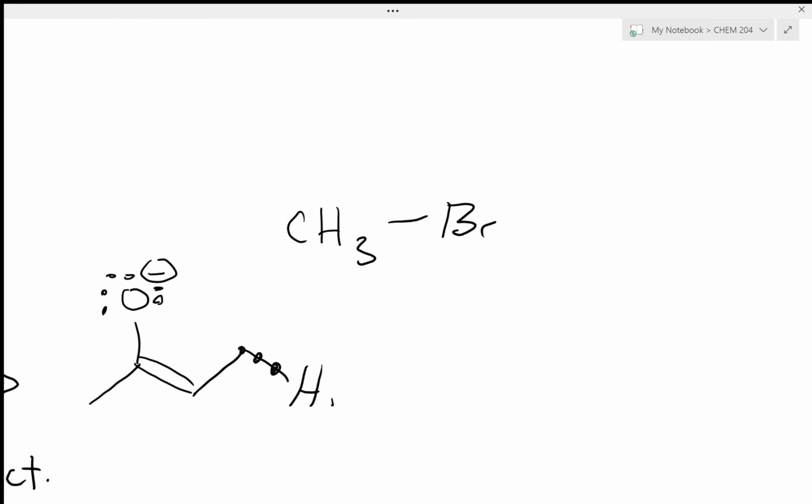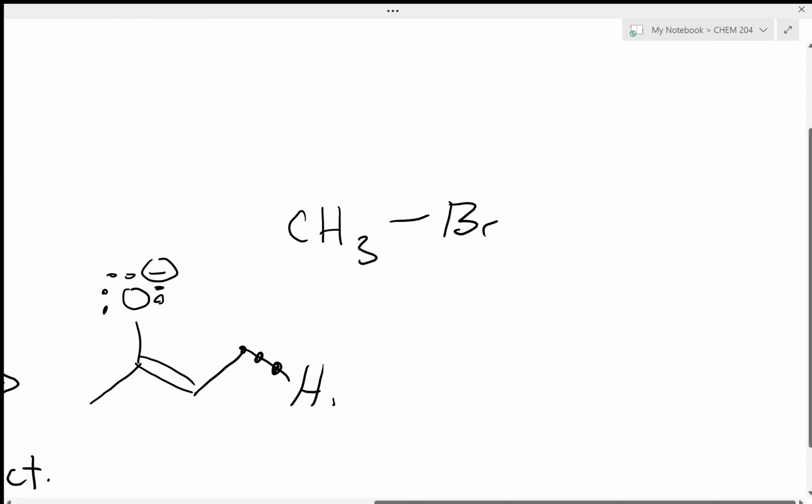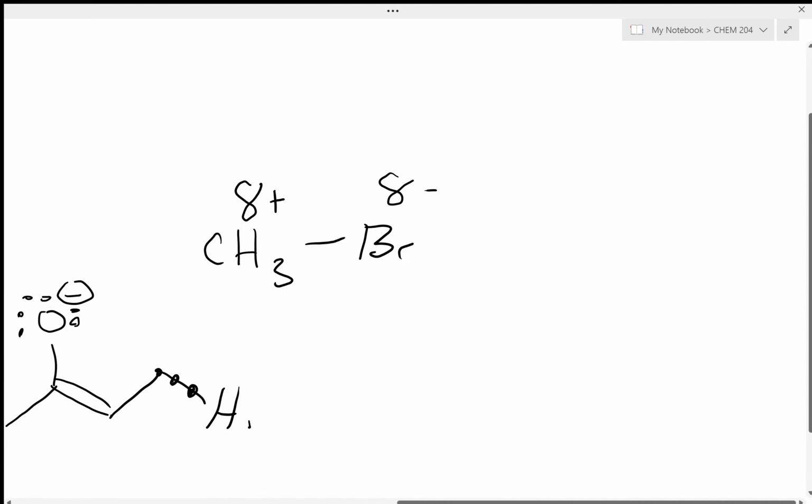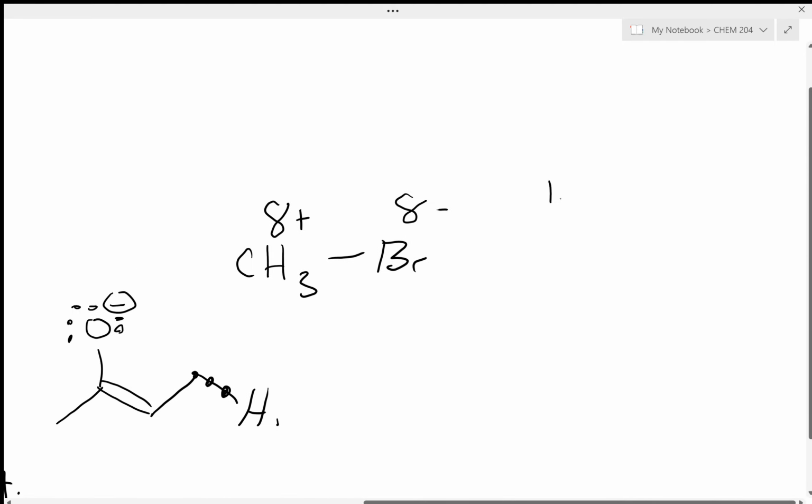So now this brings us back to our first concepts, is okay, well, delta plus, delta minus, establish partial charges. Why did I establish partial charges? Because opposites attract. So whenever I'm looking at how two things are going to react, one, I need to establish delta plus, delta minus.